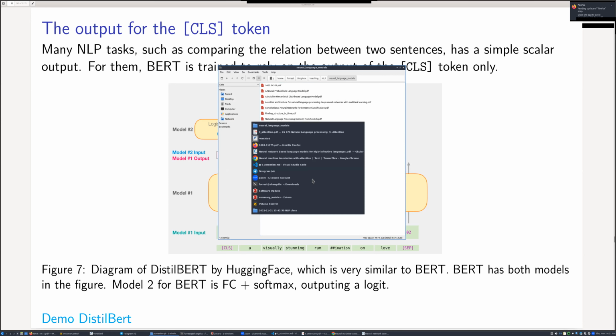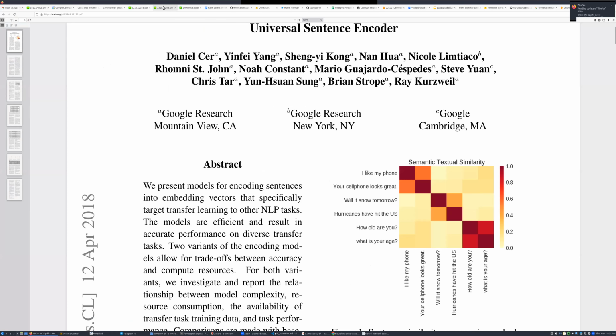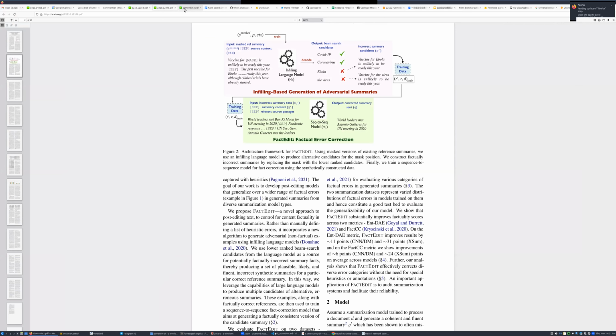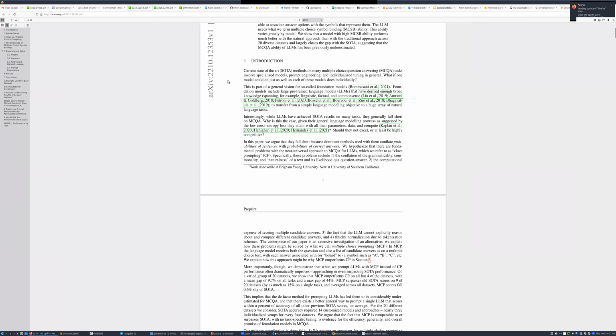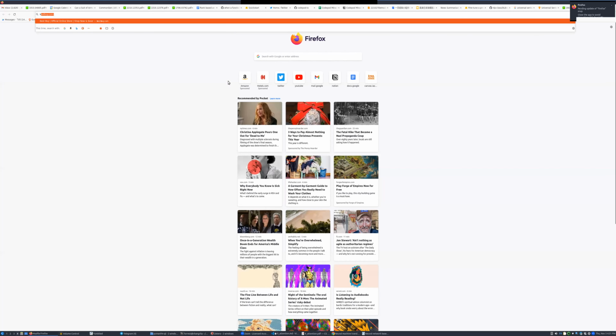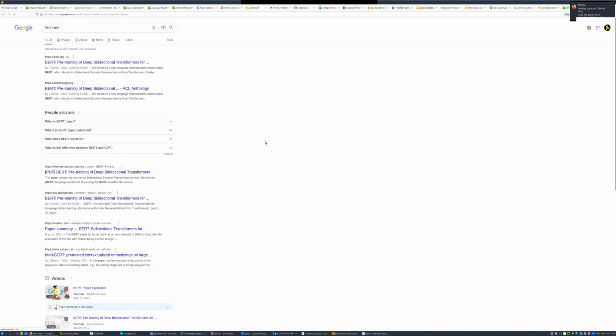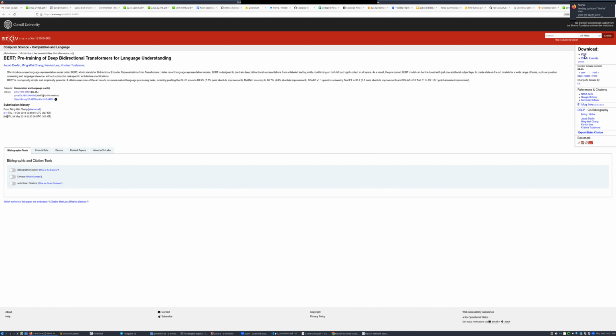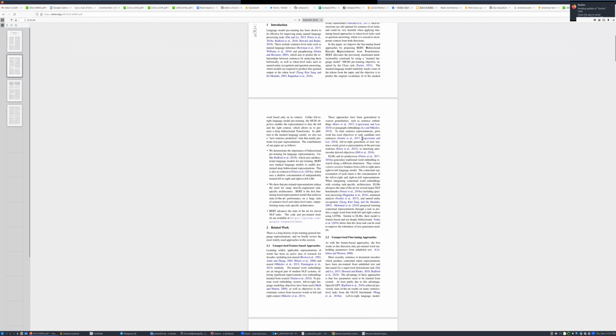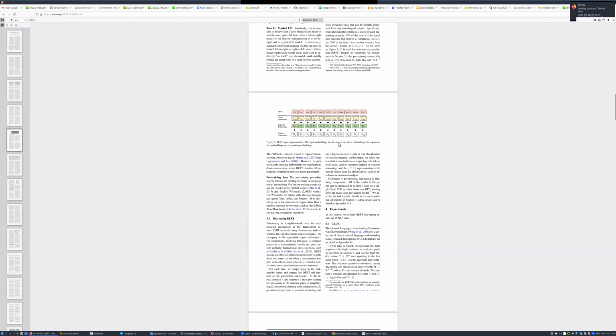You know what? It's easier to use Google to do it. So this is how it does. This is the input.